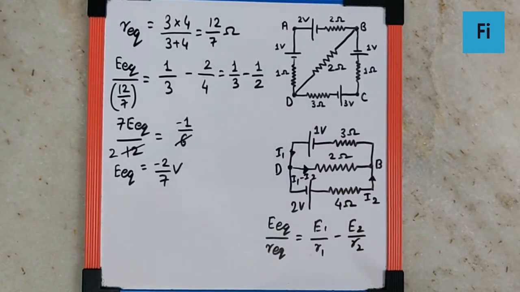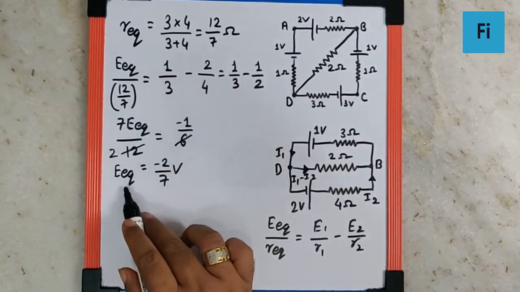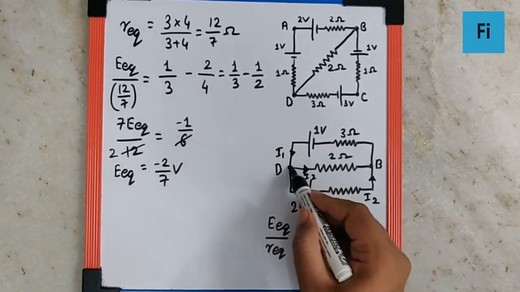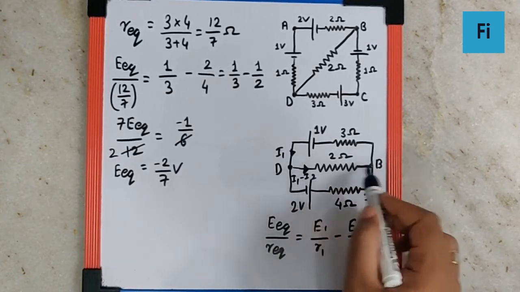Okay, now R equivalent we know and E equivalent we know. Now we want the potential difference across these two points, B, D, and that will be IR.